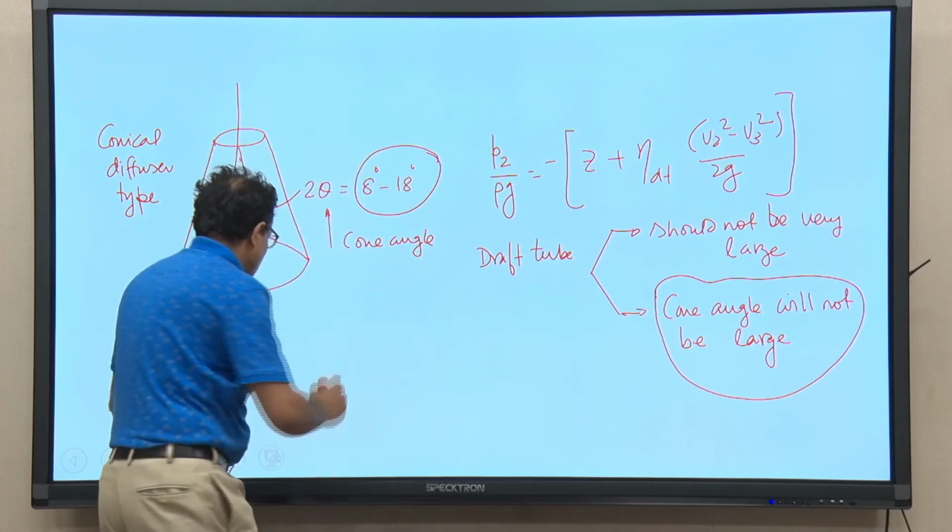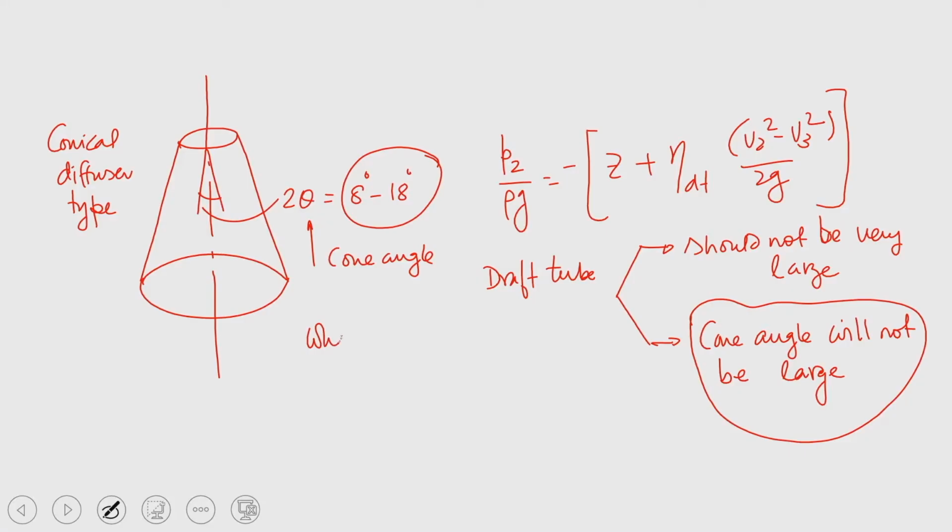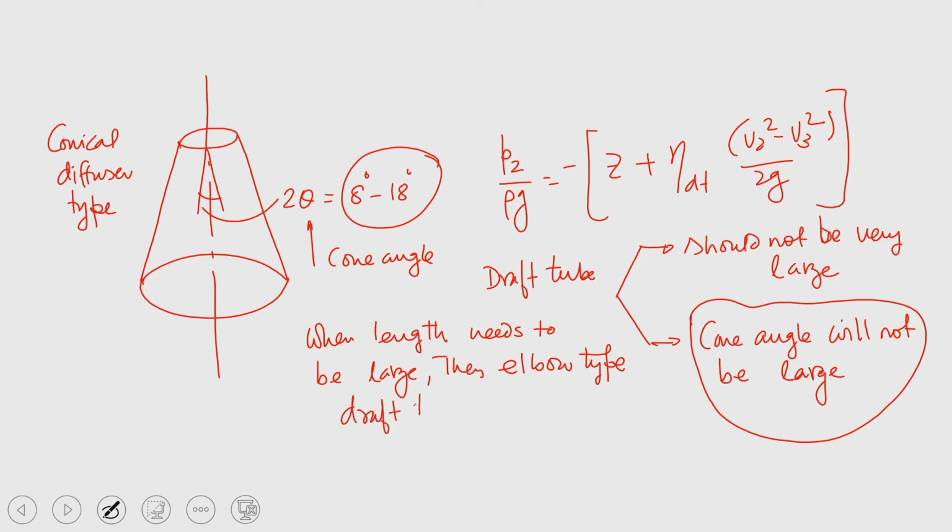So, I can write here: when length needs to be large, then elbow type draft tube is used, right.